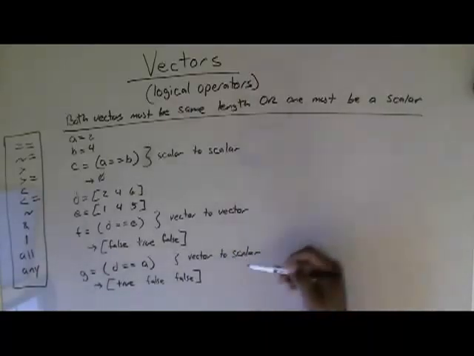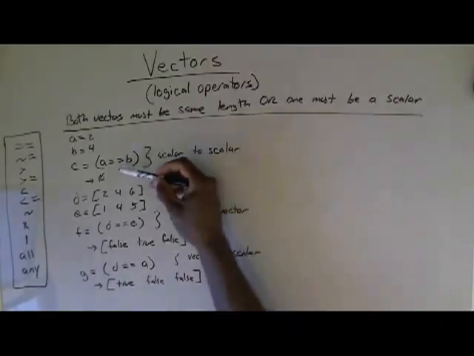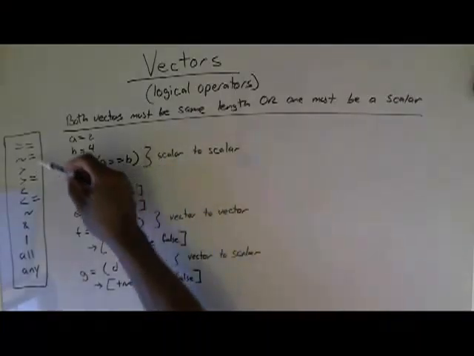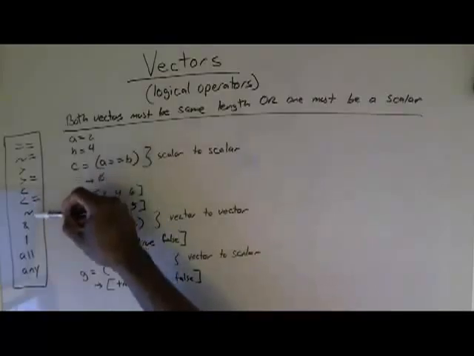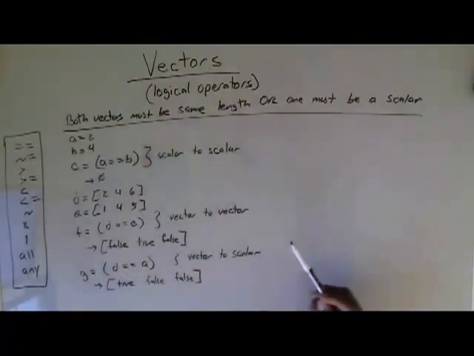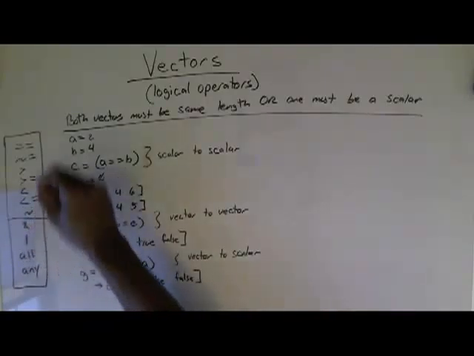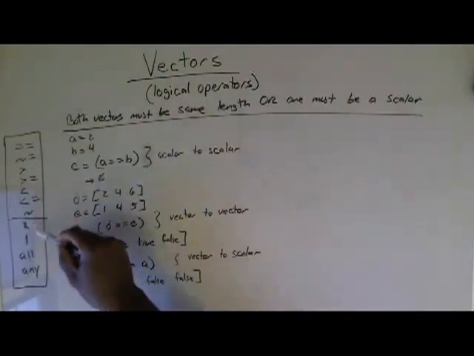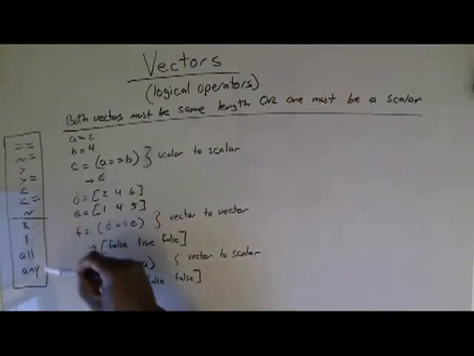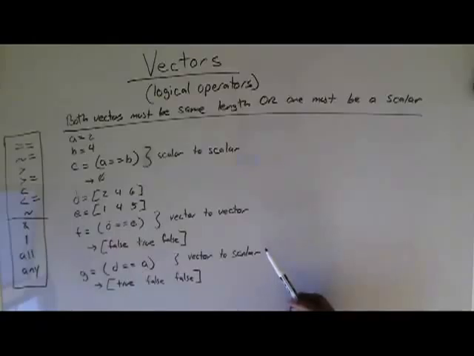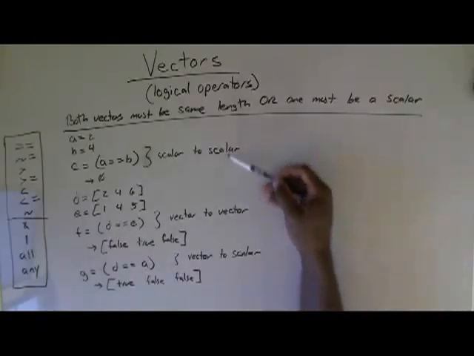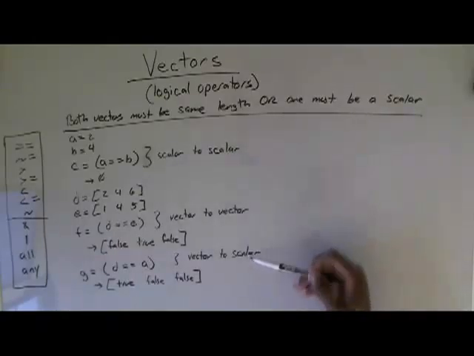Okay, and you can get any of these combinations, and you can just replace the equal to comparison. I could have put any one of these comparisons in there as well, or at least any one of the ones above the line. These 4 down here are more for combining. They allow us to combine different things, so we'll see that in a second. But so scalar to scalar, vector to vector, vector to scalar.